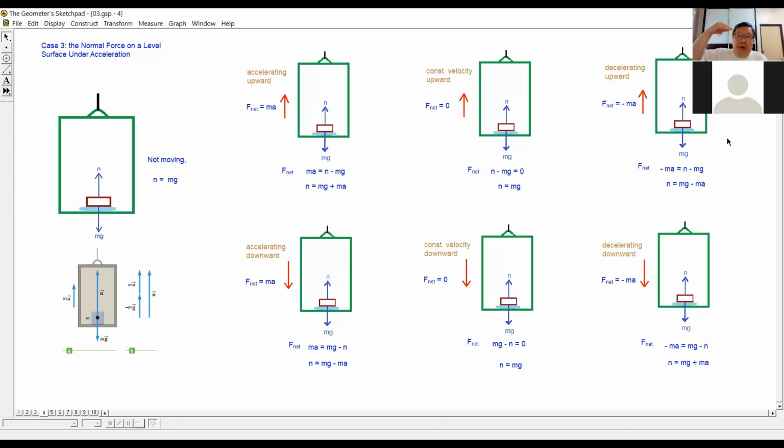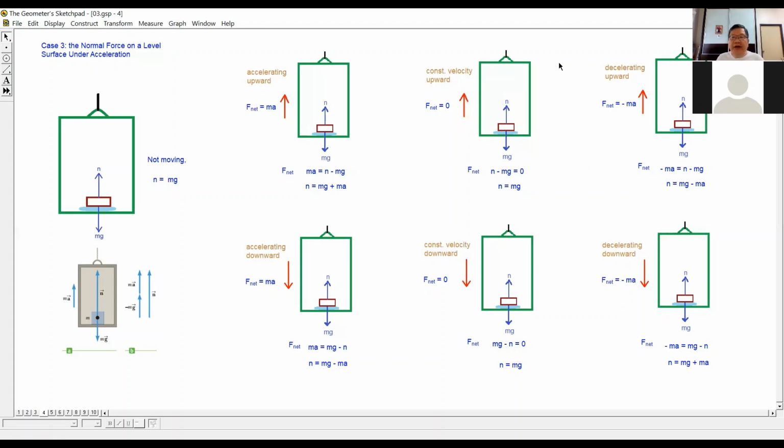Now, when you are about to reach your level, the lift slows down. You feel that your body is a bit lighter, because your legs are not pressing so much against the floor of the lift anymore. So you feel as if you are lighter, because the normal reaction is less.